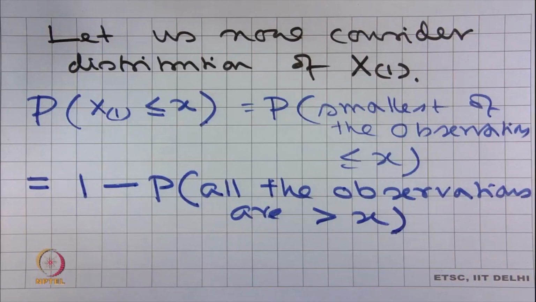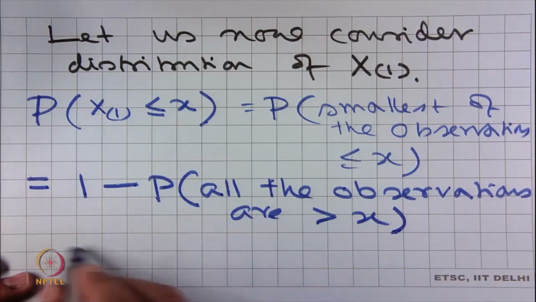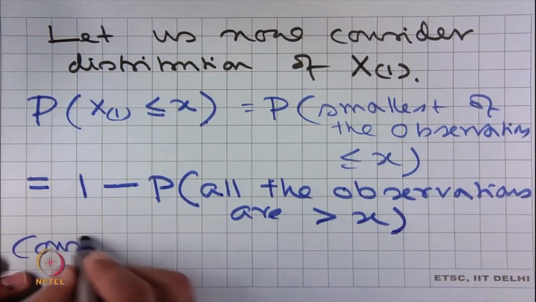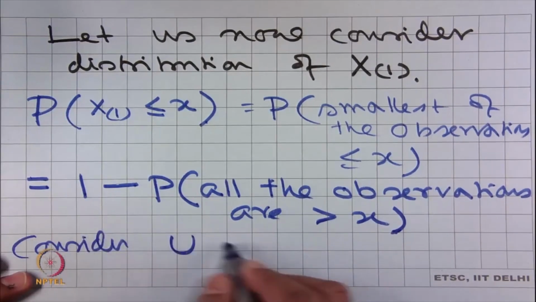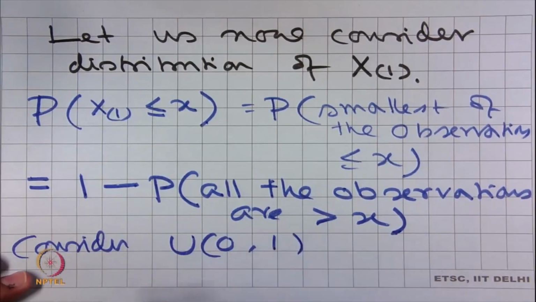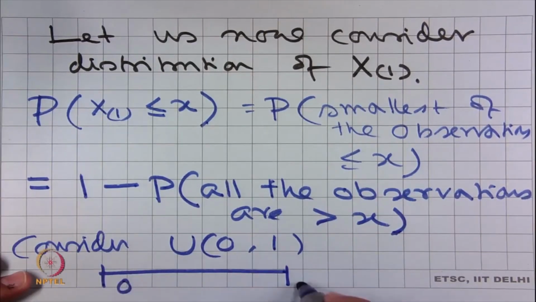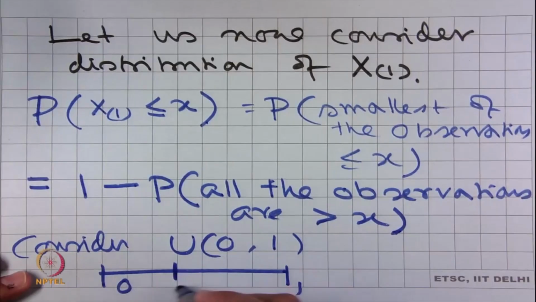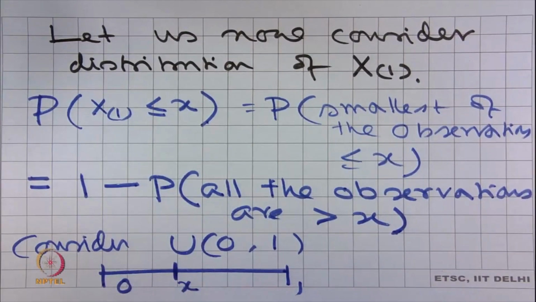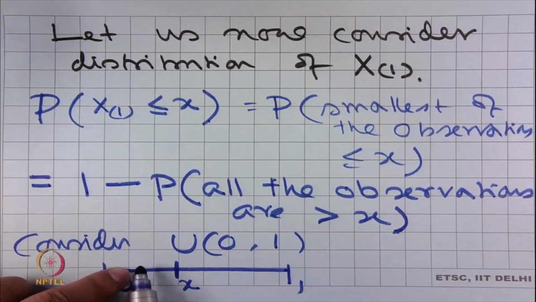right. So, we consider uniform 0 1, this is x. Therefore, if any one of them is less than x, then the minimum has to be less than or equal to x.